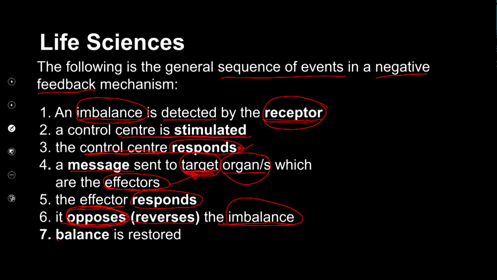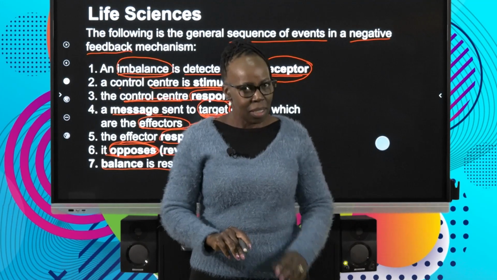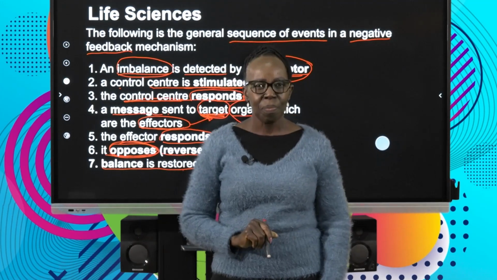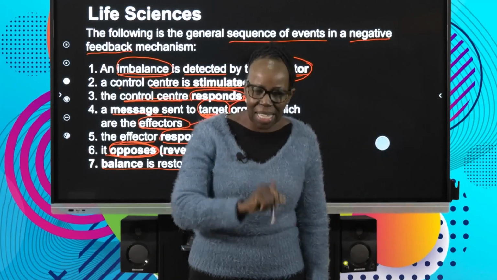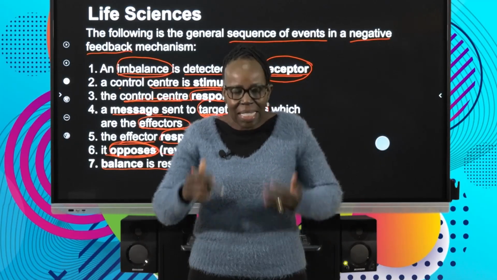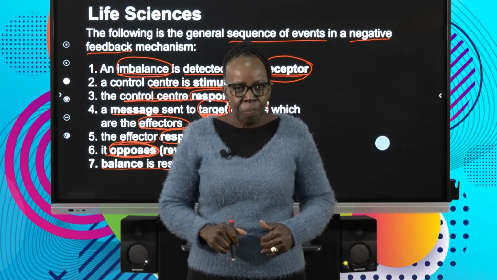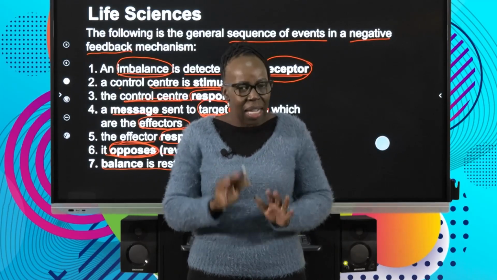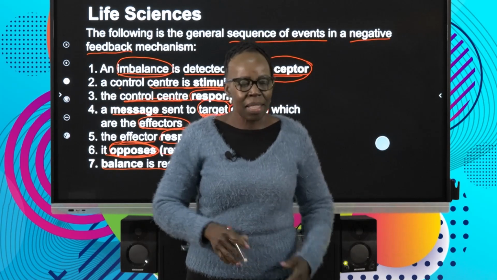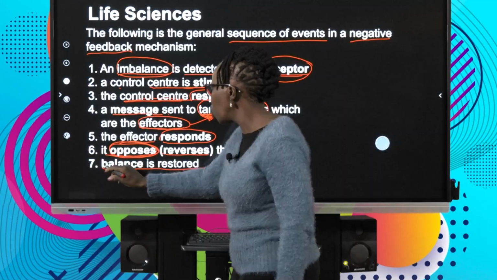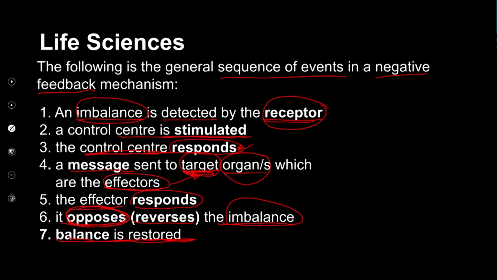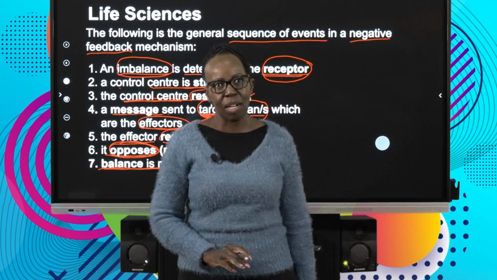The balance in the internal environment will be restored, which means whatever was detected as imbalanced inside our body, after the reversal has been done, the body goes back to its balanced situation, or restores the balance inside the body, which means homeostasis has taken place.